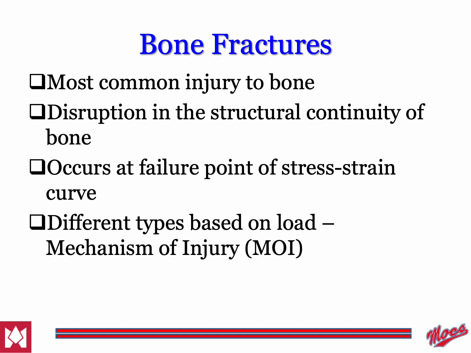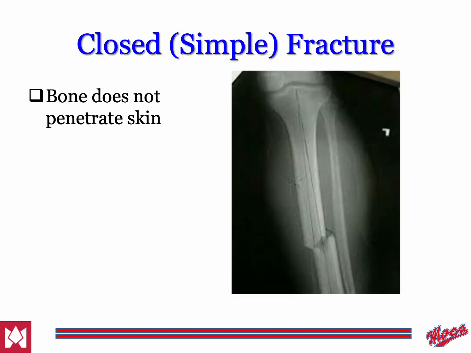Where are the forces applied and how are they applied to cause a certain injury? Sometimes our mechanism of injury can be very specific. Others, it can be more generalized. It strictly depends on the type of injury, in our case for bone, the type of fracture itself, okay?